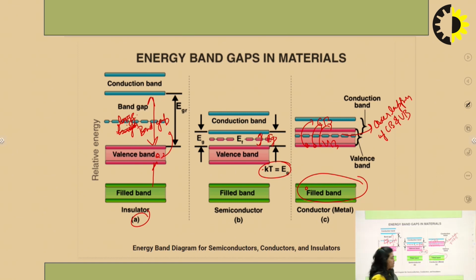But at room temperature, if you do not apply any external force, or you have not changed the atomic structure, or you have not added any impurity to the material, or at 0 Kelvin, at these temperatures or conditions, if these are not fulfilled, then the energy gap is there.